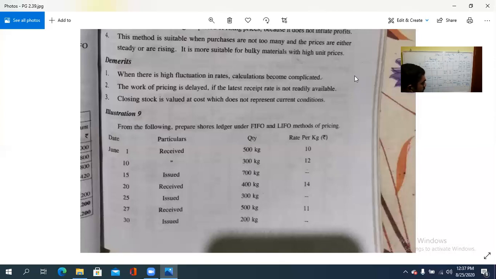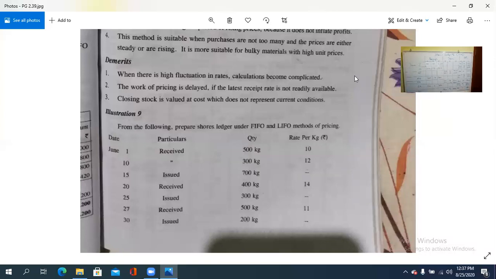So this is to be added there. Then on the 30th there is an issue of 200 kilogram. Out of this, the 200 at 14, 2,800, is to be taken. So the available balance now is, see, this is the final closing stock.